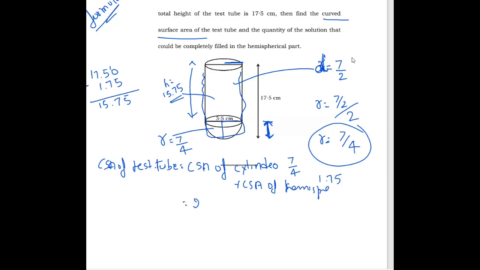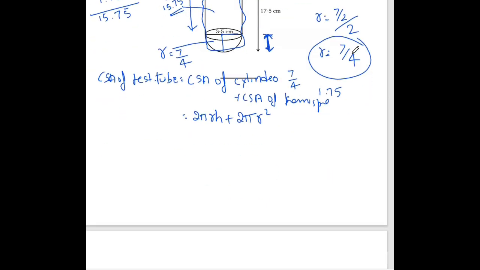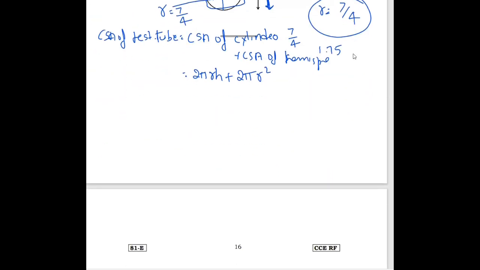CSA of cylinder is 2 pi R H. CSA of hemisphere is 2 pi R square. Now what is common in both? 2 is common, pi is common, R is common, what remains is H here and R here.